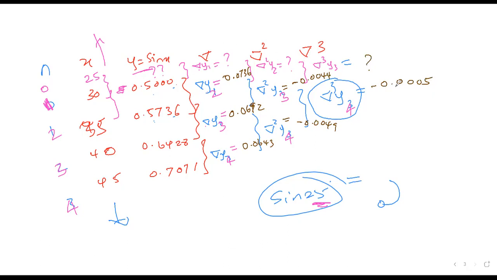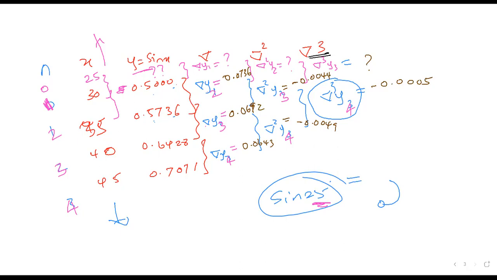So I don't know this one, so I'm going to find out. They have given some ideas. What they said is that in the third differences, both are equal. I'll take another color.